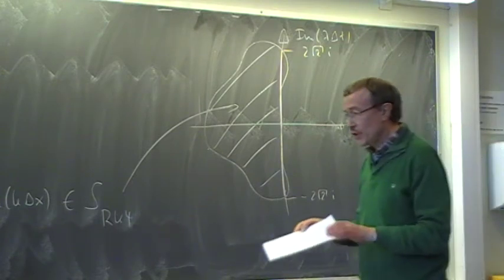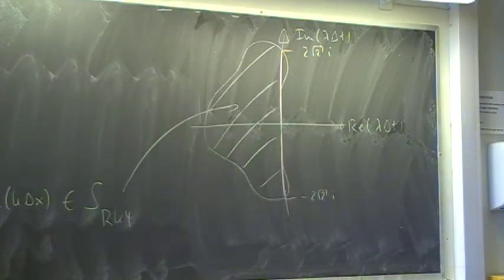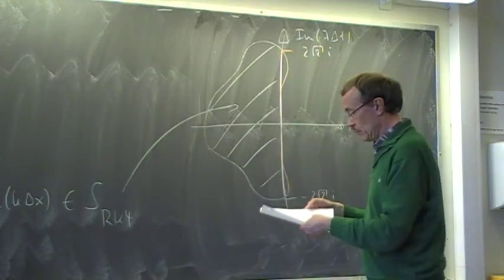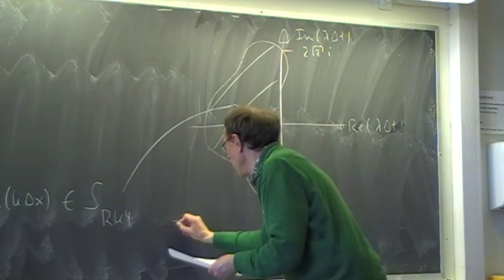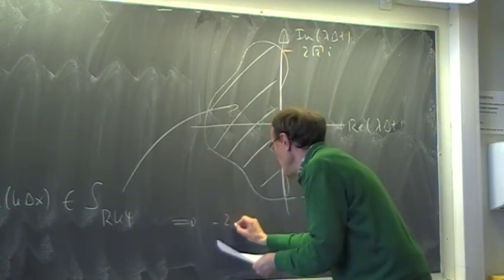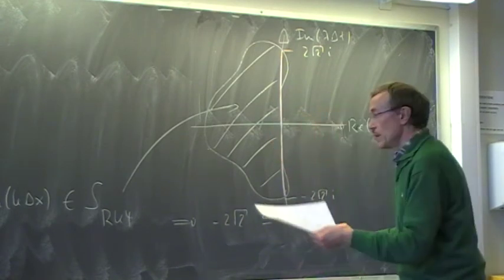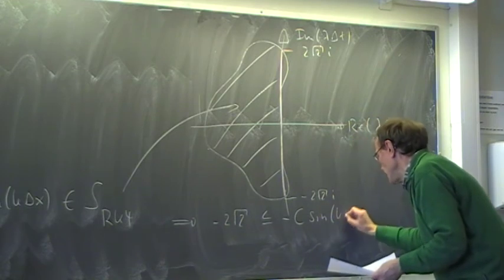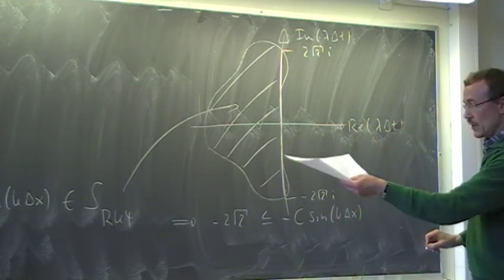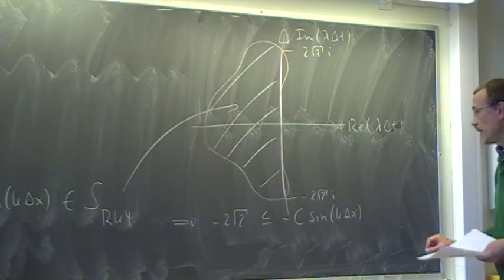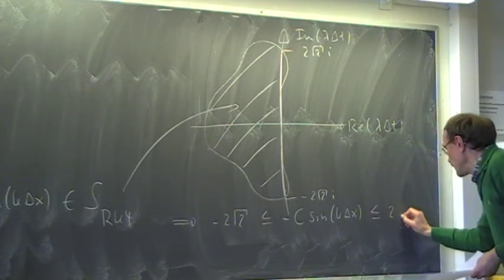So therefore the condition is that our lambda delta t, which is imaginary, has to be somewhere here. In our case it's imaginary, so the condition is that minus c sine of k delta x, that is our lambda delta t, has to be inside this domain.